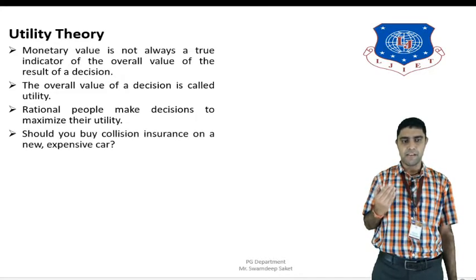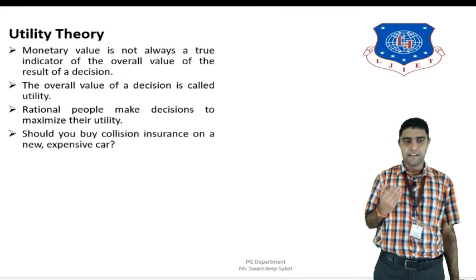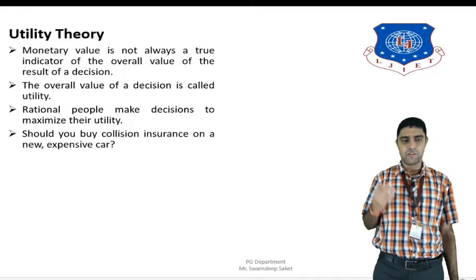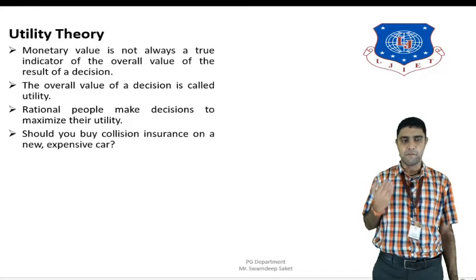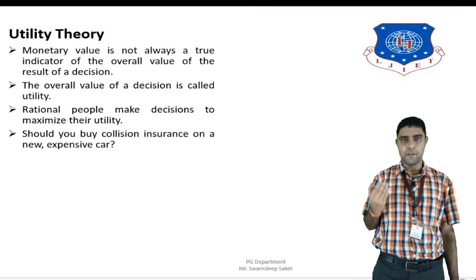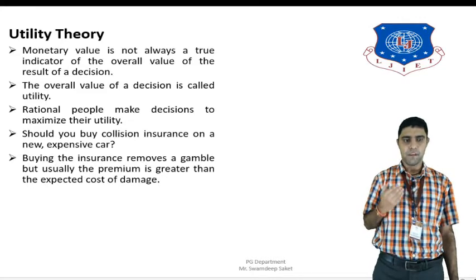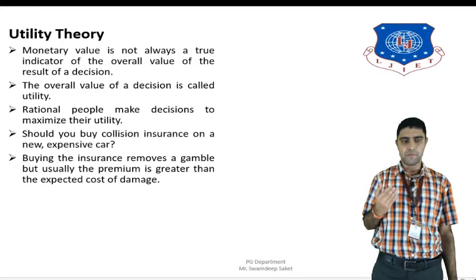Should we buy collision insurance on an expensive car? Suppose we are buying a new expensive car, and we have to purchase one type of insurance. This is an example of utility theory. Buying the insurance removes the gamble.